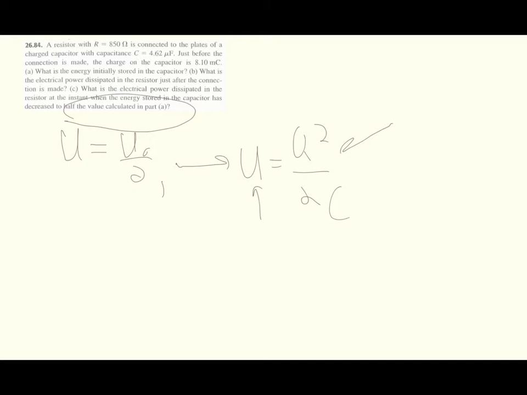So that means that the new Q for the half-time is going to be Q naught divided by √2. So it's going to get a little smaller there. You can reason that out if you just put in √2 for that.